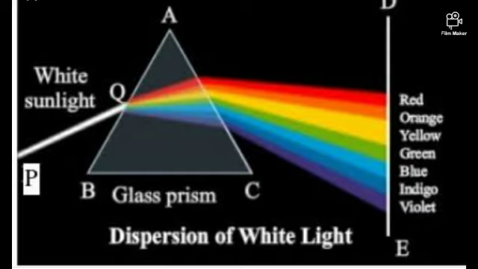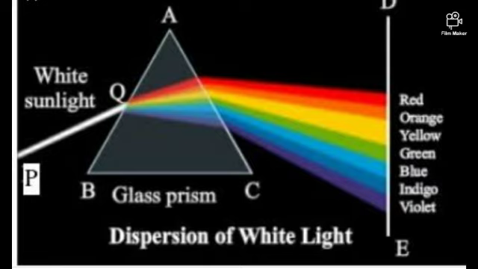So refraction is the phenomenon of bending of light when it enters from one medium to another medium. In a prism, the white light enters from the air to the glass and it is bent, as we can observe in the pic, and scattered into its different colors.